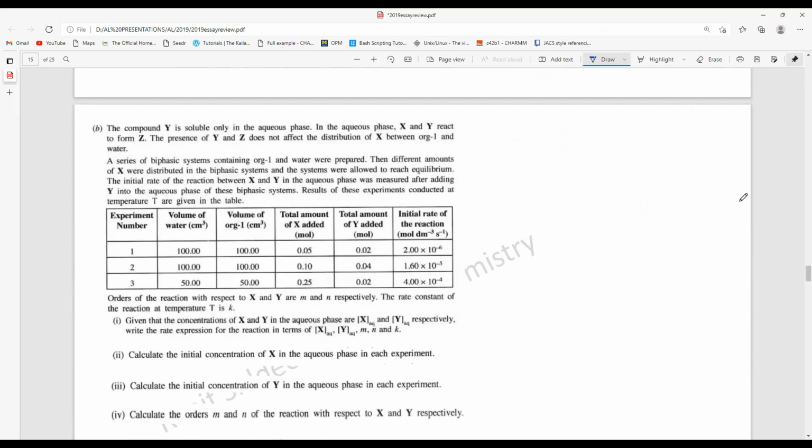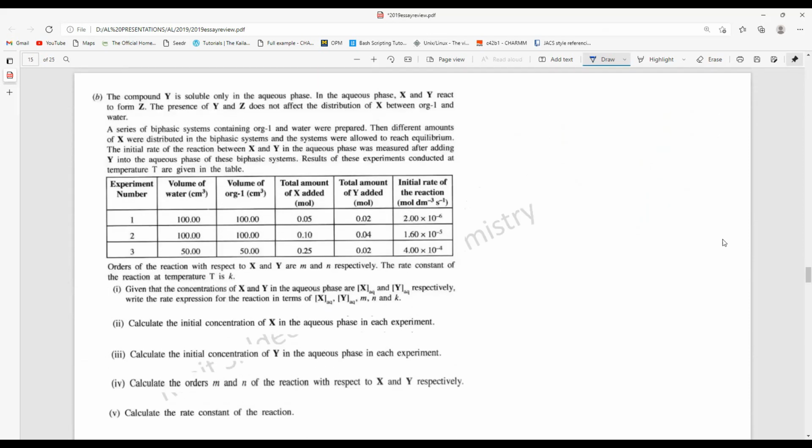The compound Y is soluble only in the aqueous phase, right? So they say this is soluble only in the aqueous phase, and in the aqueous phase, X and Y react to form Z. The presence of Y does not affect the distribution of X between organic and water.